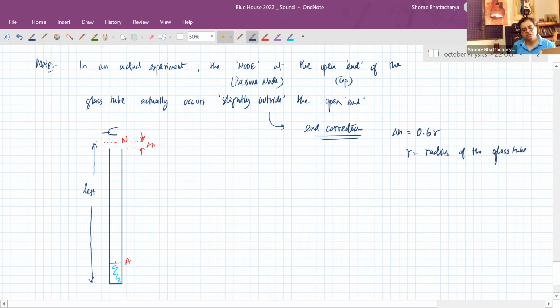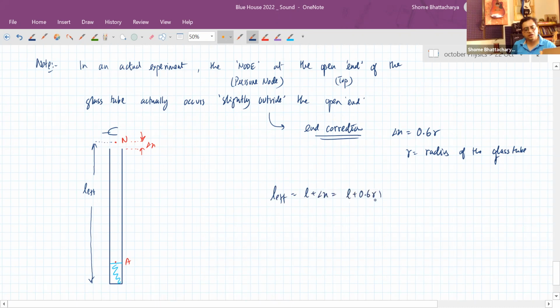So actually, when you do this experiment in the physics lab, you generally use a vernier caliper or something to measure the diameter of the tube, and you incorporate that. So the effective length of the tube actually becomes the length plus the end correction.